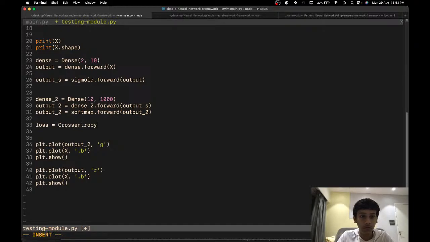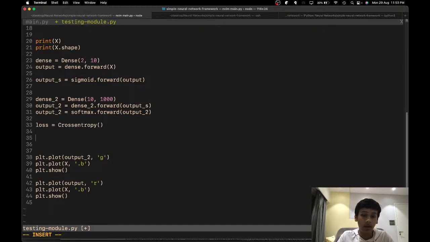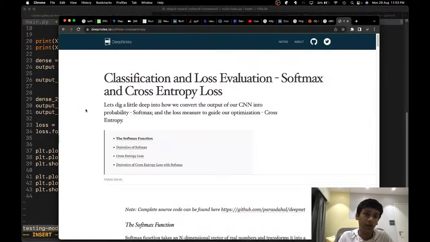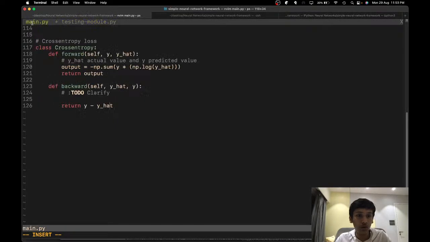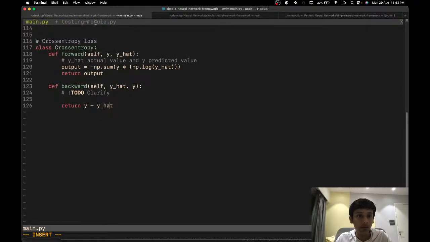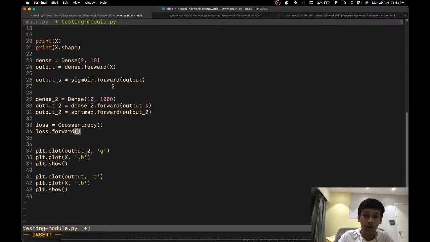Cross entropy. And we can just do loss dot forward on the y hat. What was y? y was actual, y hat was predicted. Alright, cool. So y hat will be output 2 and y.